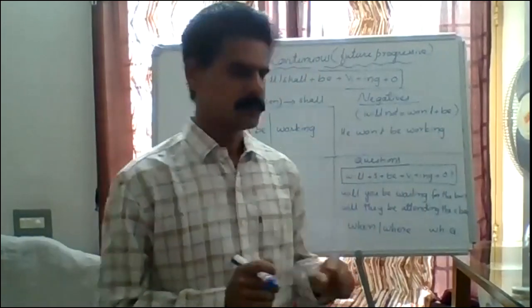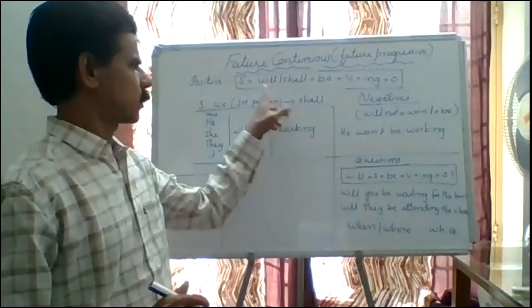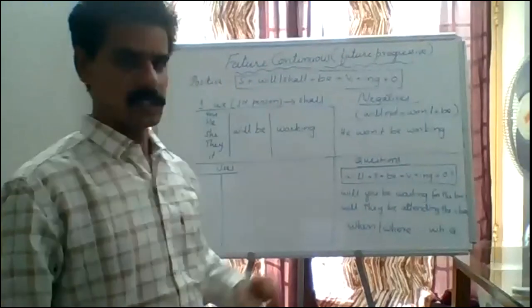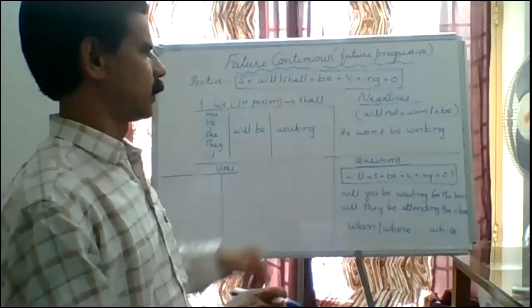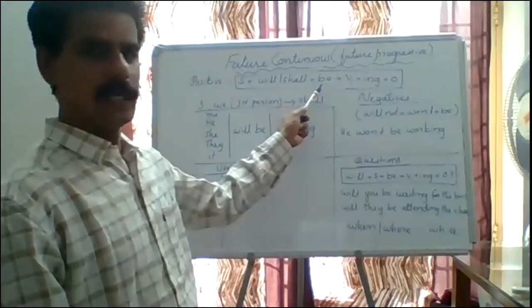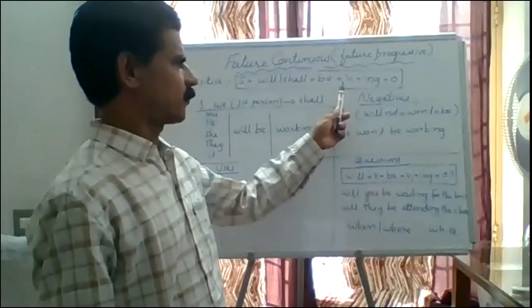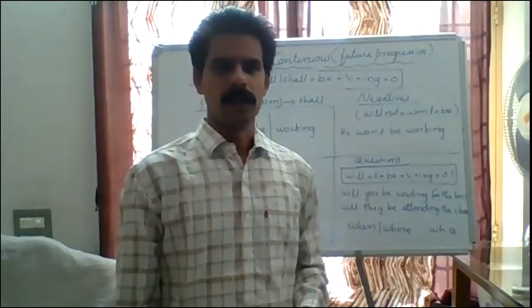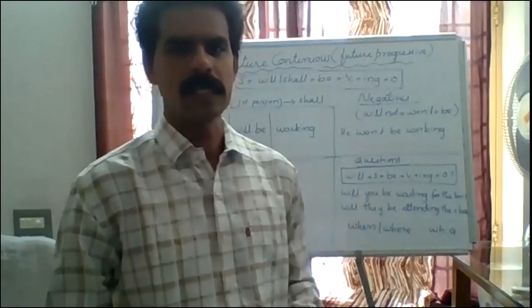You know already, it is future continuous and future progressive. There will be a subject at first. The structure is: subject, will or shall, then be. Be is compulsory. After be, in all the progressive tenses, the commonly used verb form is V1 plus ing.